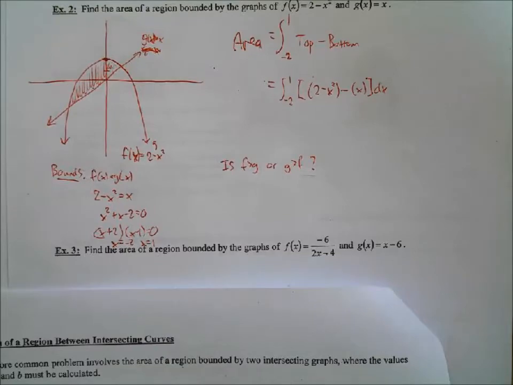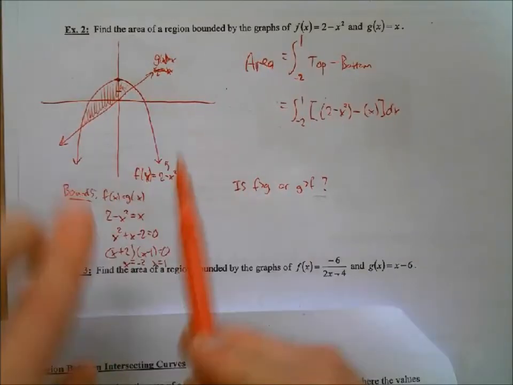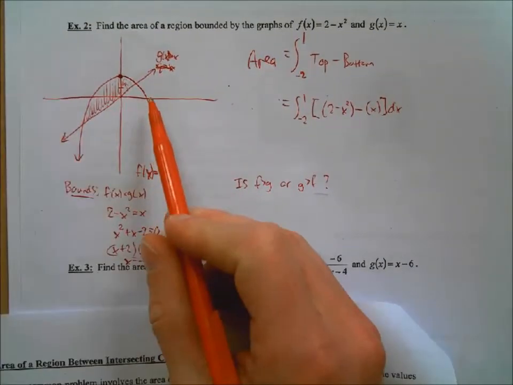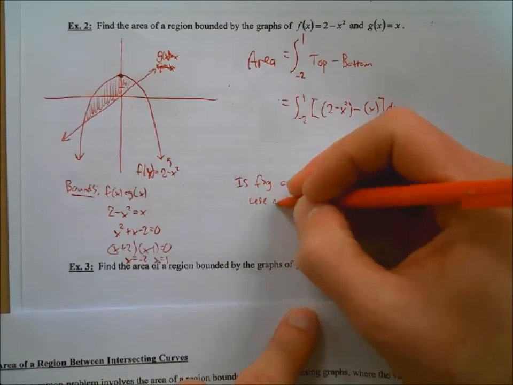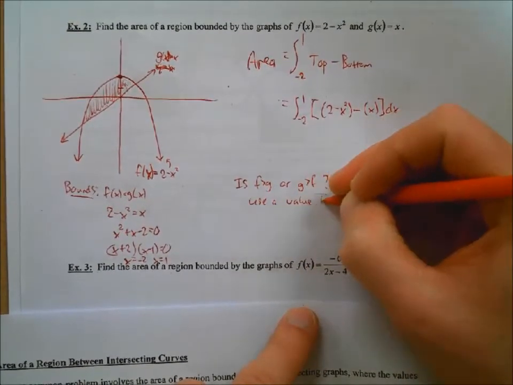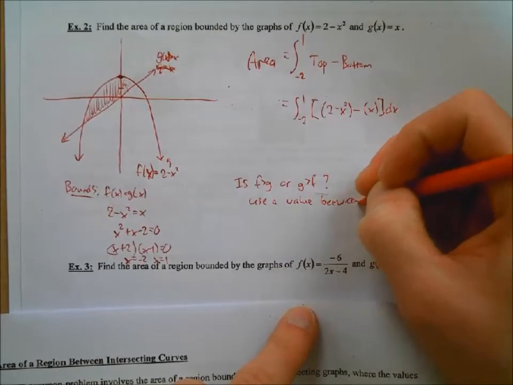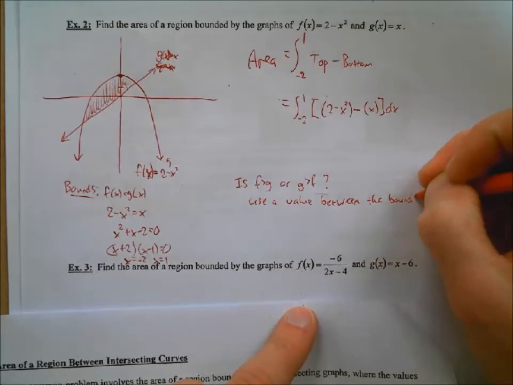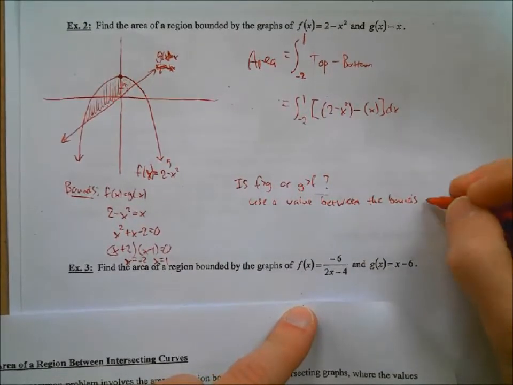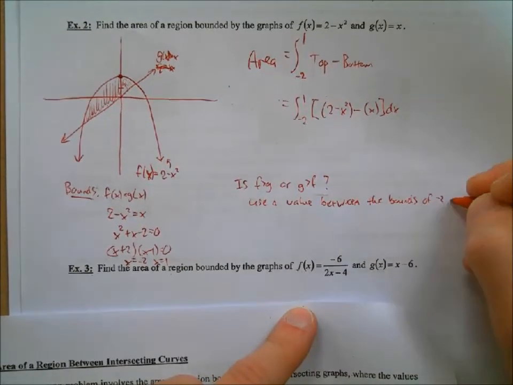So pick an x value between negative 2 and 1. 0 is probably the best one, right? We'll just use a value between the bounds of negative 2 and 1.